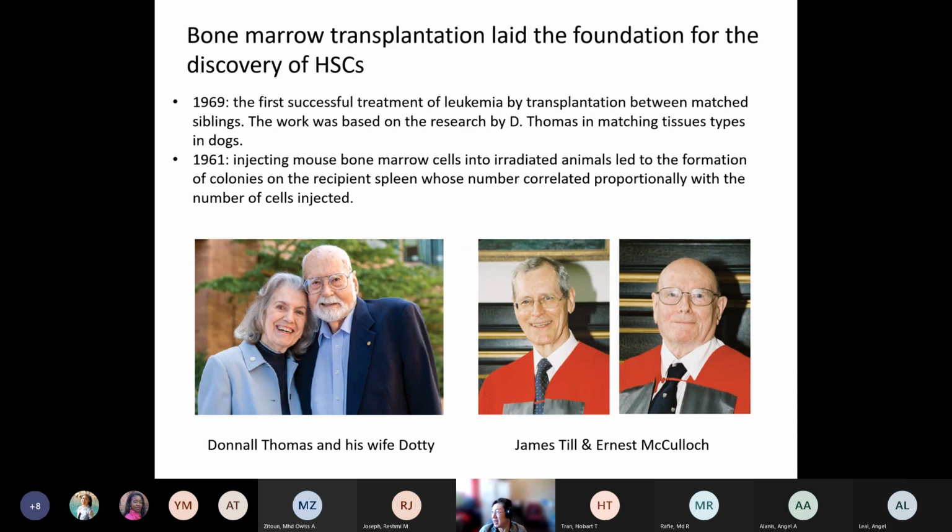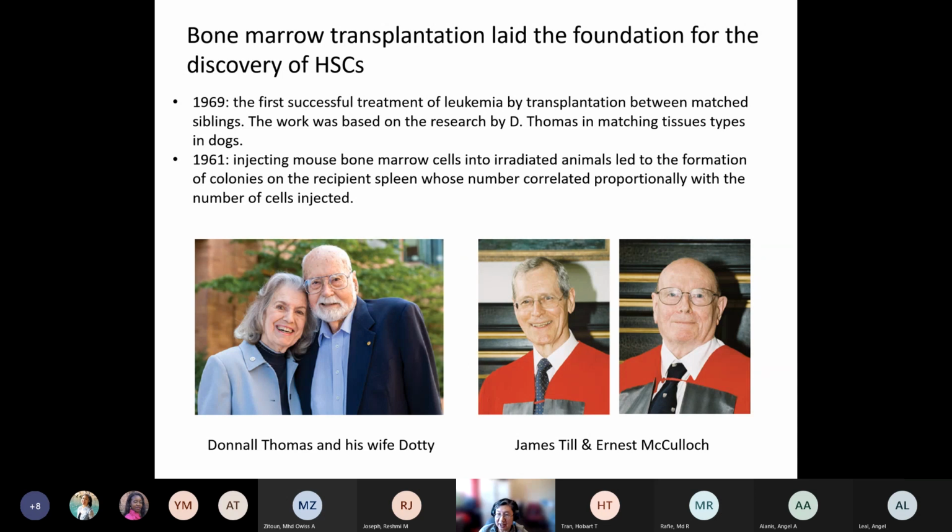One is by a scientist called Donald Thomas. His work was actually later than the other two scientists I'm going to cover. Donald Thomas described that you can transplant bone marrow from one individual to another to achieve a cure for leukemia. His work was mainly done in dogs.